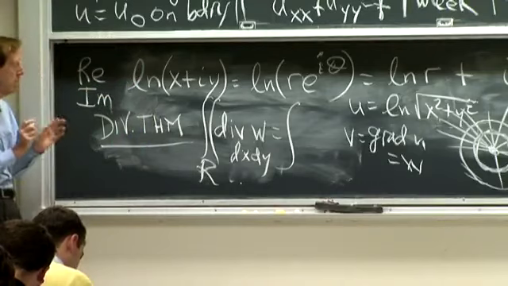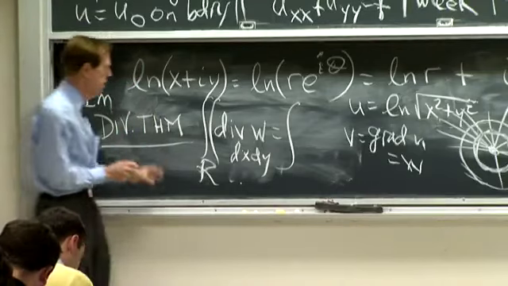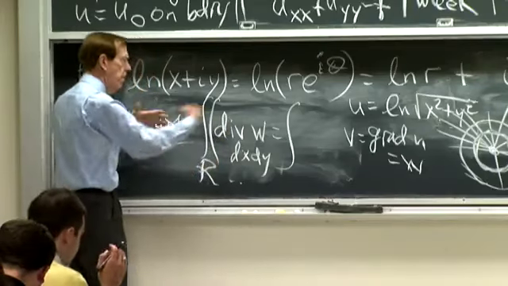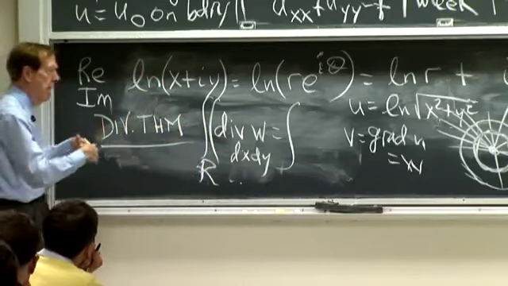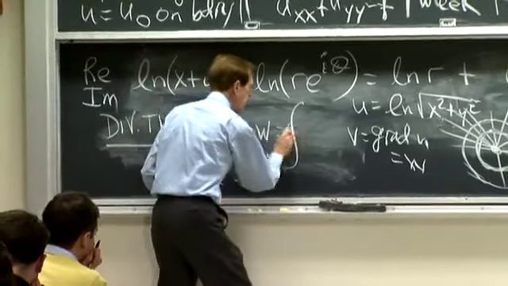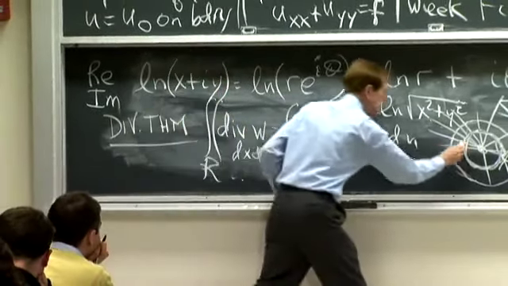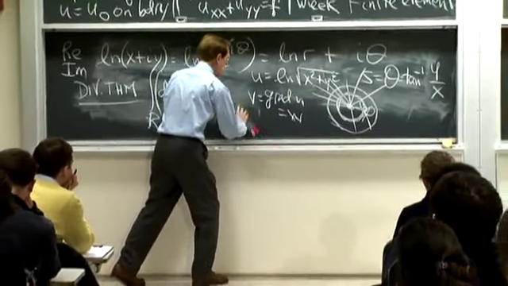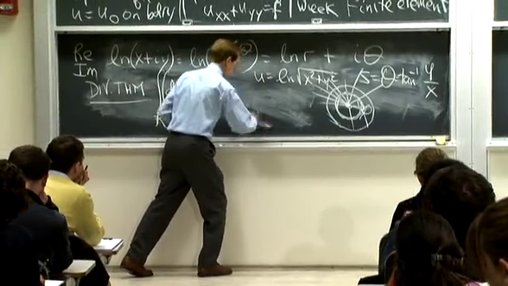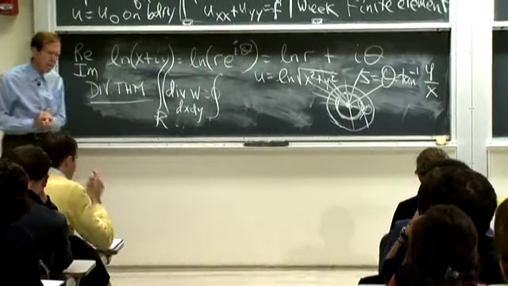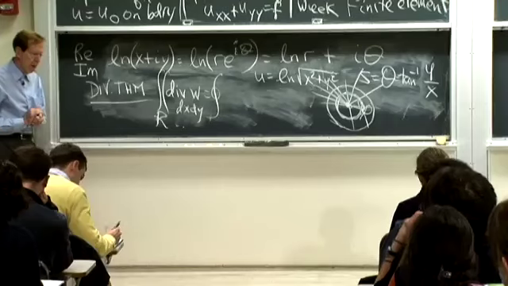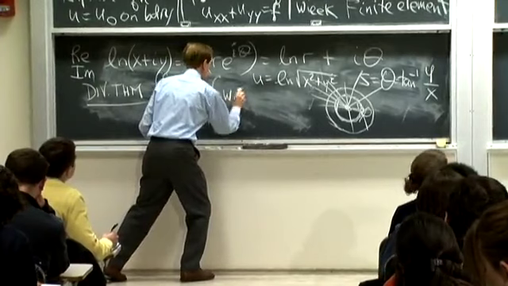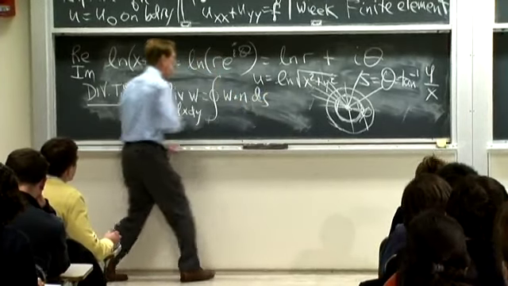Fundamentally, more than just a key identity, it's central here. The total flow out of the region must make it through the boundary. So I integrate this boundary, and this boundary is a circle of radius r. And what do I integrate along that circle? What's the other side of the divergence theorem? W dot n. W dot n around the boundary. Okay.